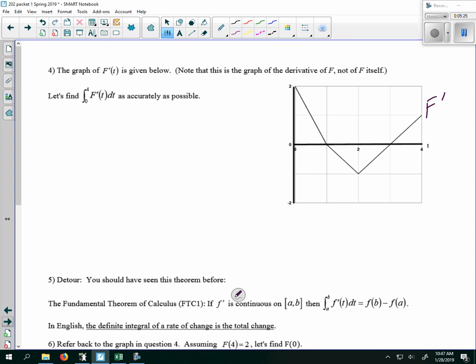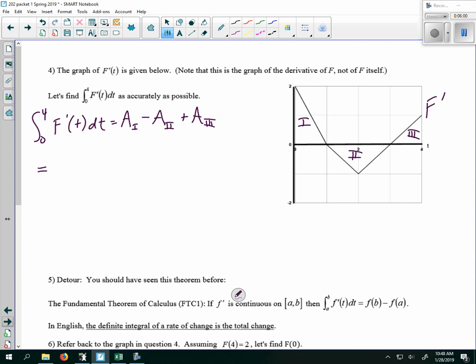So we'll do this in 3 chunks here. 1, 2, and 3. Okay, 1 and 2 are going to be positive, 3 is negative. So area 1, so the integral from 0 to 4 of f prime of t dt, this is area 1 minus the area of 2 plus the area of 3. So we're going to find those 3 areas, add them together.